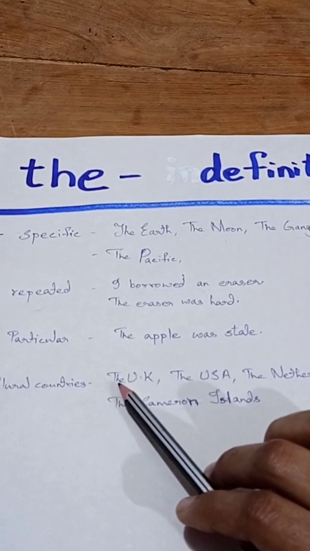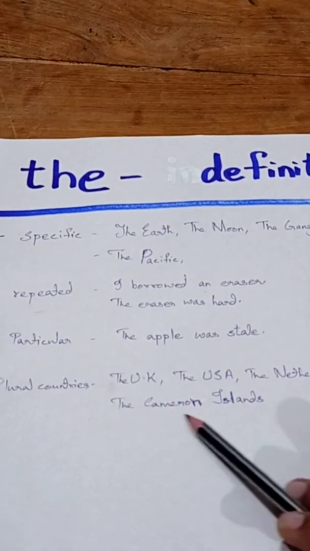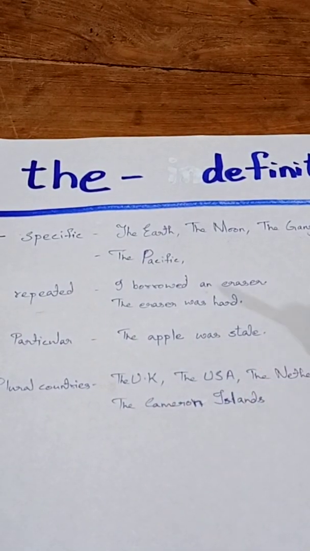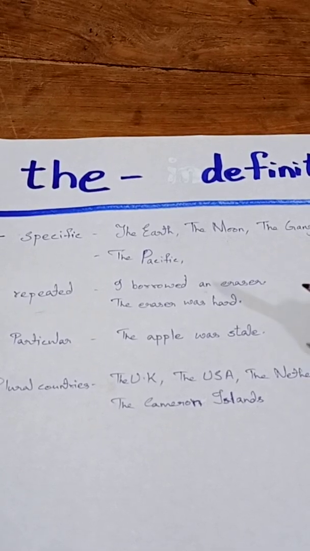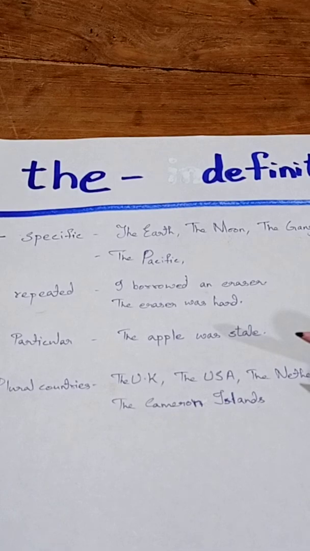Now, see, this is a very common question everyone usually has, like the UK, the USA, the Netherlands, the Cameroon Islands. Here, you might have heard this question, why not the India? Because it is a single country.